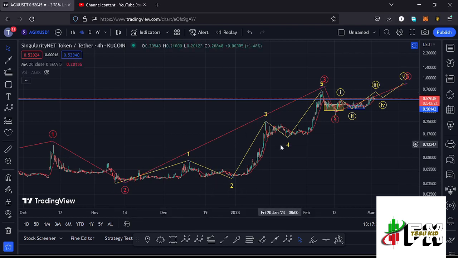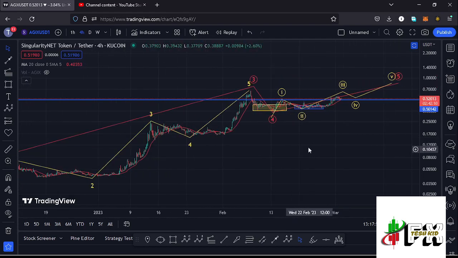And in the formation of that wave 3, which is an impulsive wave, we also saw a 5-wave structure in formation, having the wave 5 of this Elliott structure in yellow, fully maximizing our target areas. And after fully maximizing our target areas, we saw a corrective structure in the formation of that wave 4, fully maximizing our target area in the formation of that wave 4.